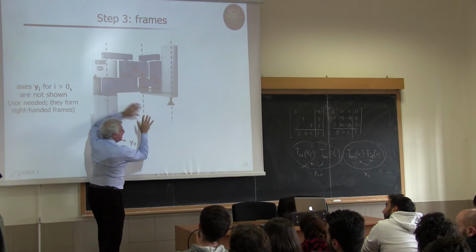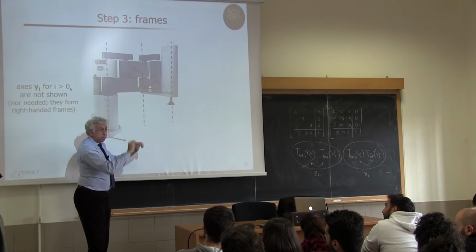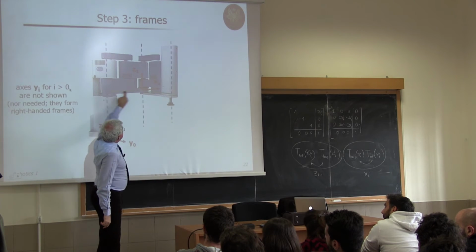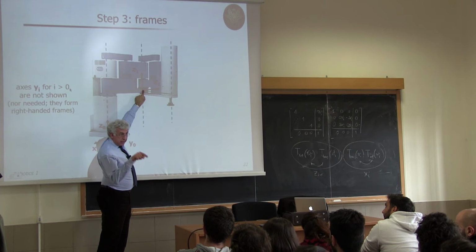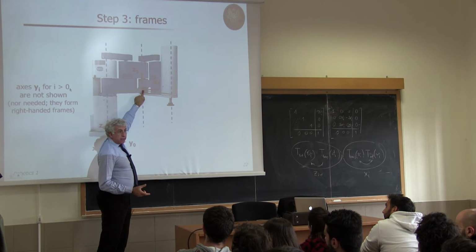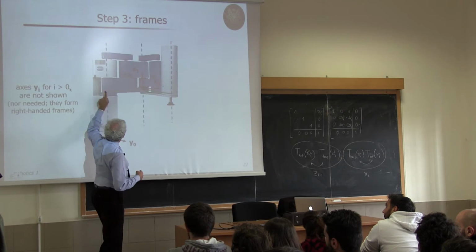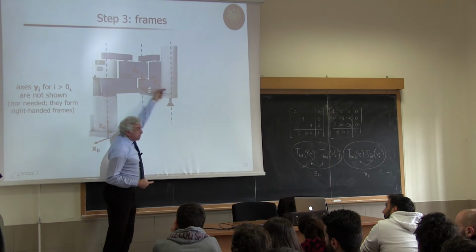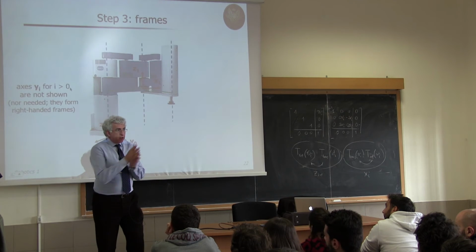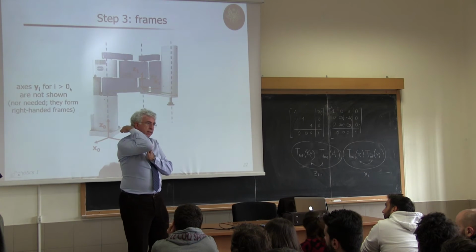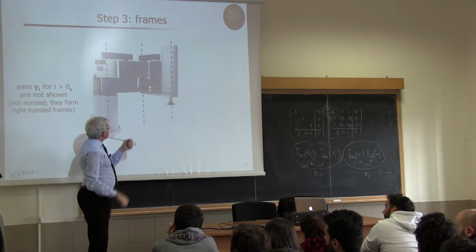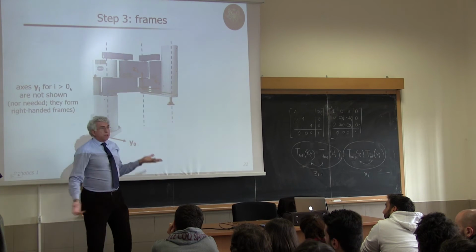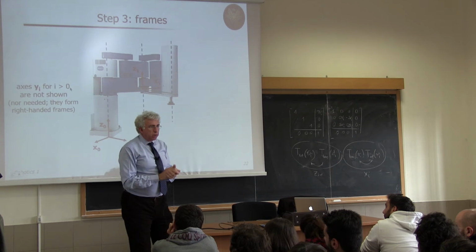If I move this, I will change the theta 1 variable. Then I translate by a constant parameter a1 along x1, and this is the length of the link, and a1 will be positive. Why? Because I'm going from here to there in the direction of x1. This is why it's convenient to choose x1 like that and not the opposite, so that I have a positive number there. Okay, and then no twist because alpha 1 is 0.